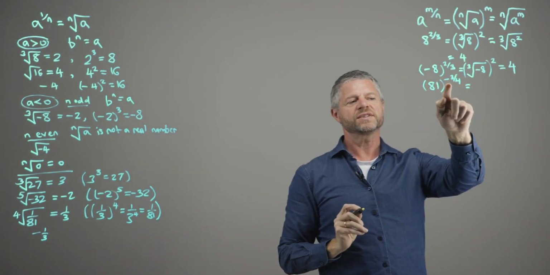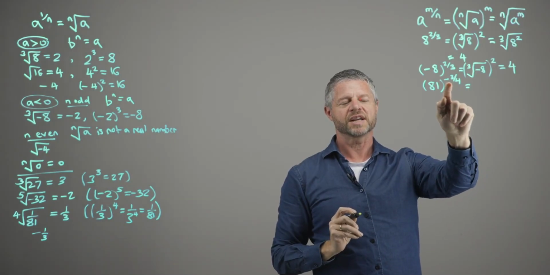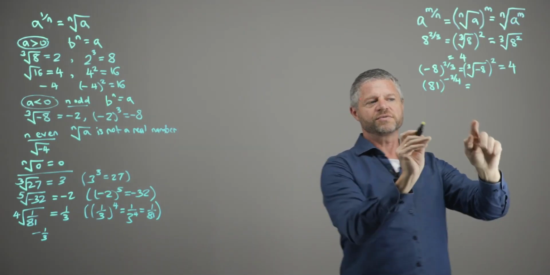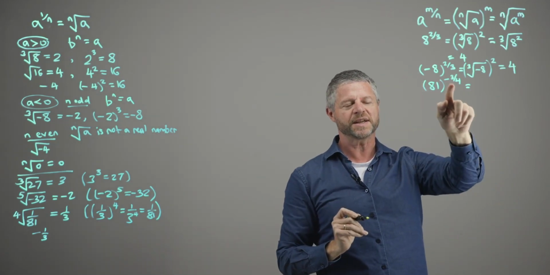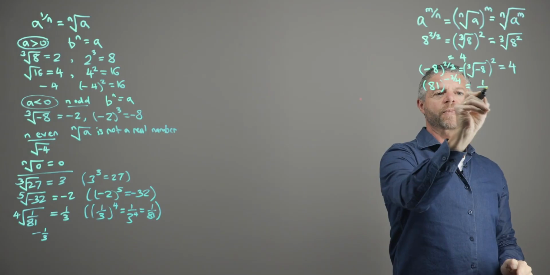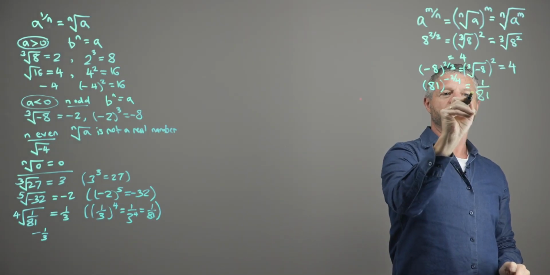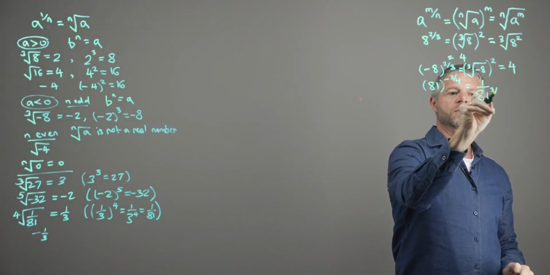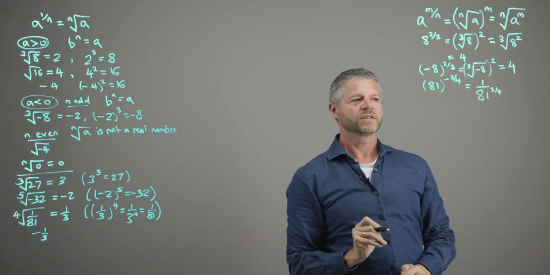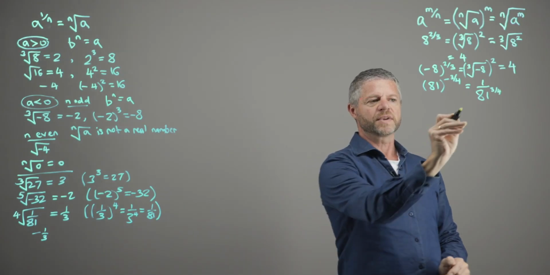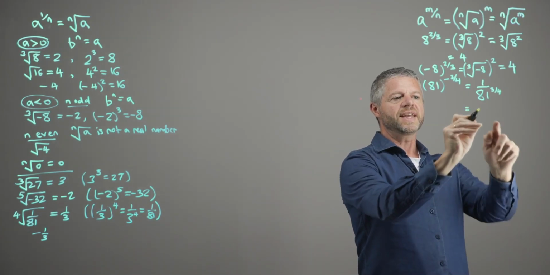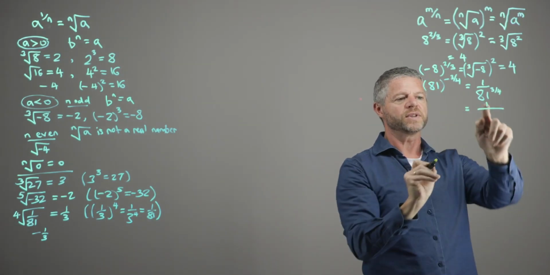Well, actually, because I've got a negative exponent here, the first step I want to do is push the 81 into the denominator and make this positive. So it's the same as 1 over 81 to the 3/4 exponent. And then I can write down what this means.